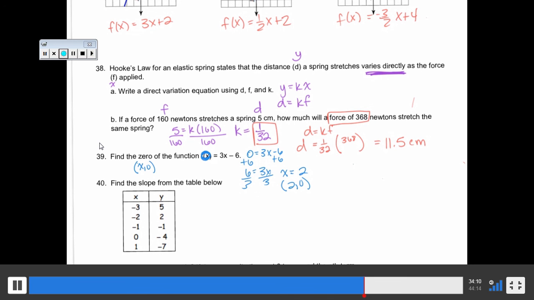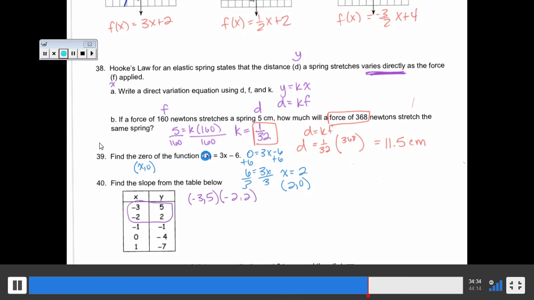We need to find the slope for number 40. You just need to pick 2 points. You don't need all of them. So I'm going to pick, they're both pretty even as far as how many decimals they have, so I'm just going to pick these top 2. And I don't like to write it from the table, so I'm going to go ahead and write those points out. So (negative 3, 5), (negative 2, 2).